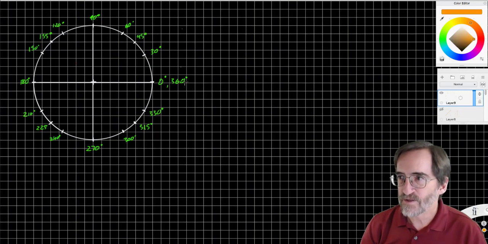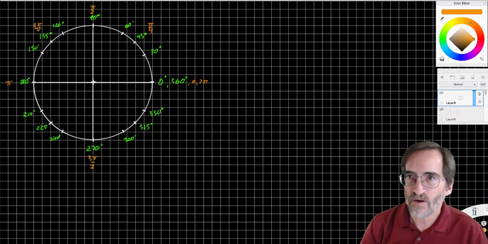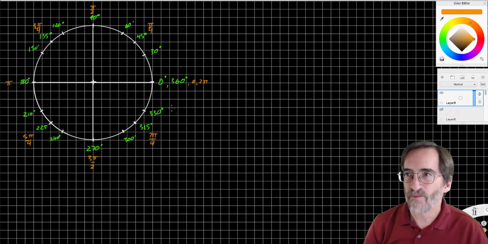radian measures. So again, 0 radians or 2 pi radians, pi radians, pi over 2, 3 pi over 2, pi over 4, 2 pi over 4, 3 pi over 4, 4 pi over 4, 5 pi over 4, 6 pi over 4, 7 pi over 4, 8 pi over 4 is 2 pi.